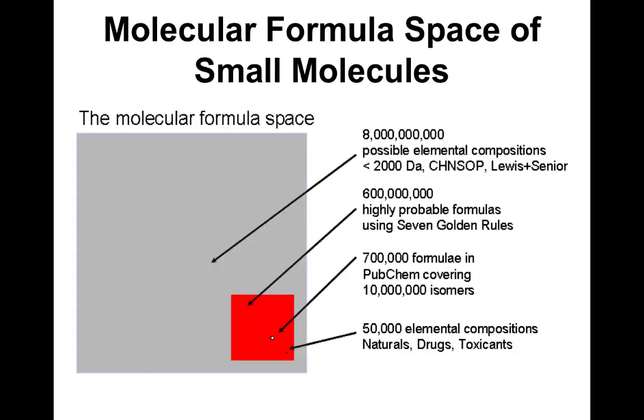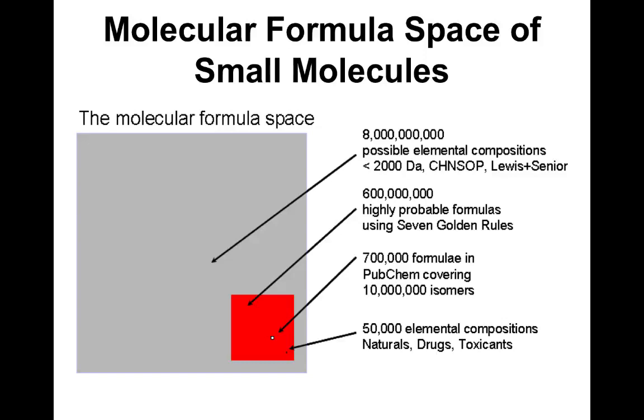So this is a scale of what's possible. If you limit things to all compounds less than 2,000 Daltons with carbon, hydrogen, nitrogen, sulfur, oxygen, and phosphorus, that's 8 billion elemental compositions. If you use the 7 golden rules, that shrinks it down by a factor of 12 or 13. And then if you look at isomers and the formulas in PubChem, that shrinks it down to 700,000.